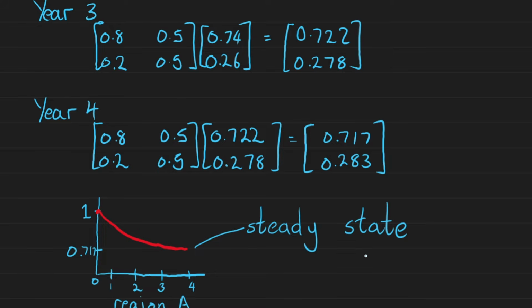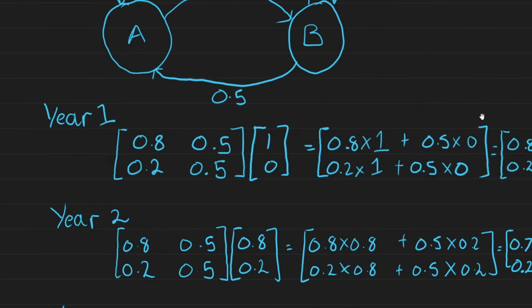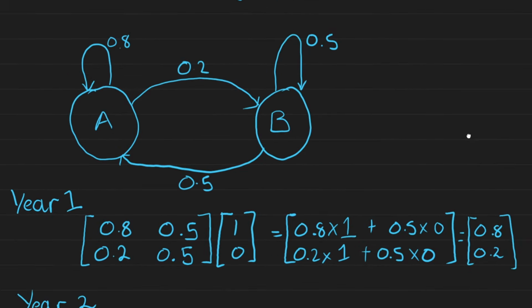So physically, what that means is that if we have this kind of system, this population change, where we have a certain proportion of people moving between these two regions and staying in a certain region, if everyone starts out in region A, after a certain number of years the amount of people in A and the amount of people in B are not going to change. They're going to reach that steady state, that constant value, even though throughout the year there is that movement of people.